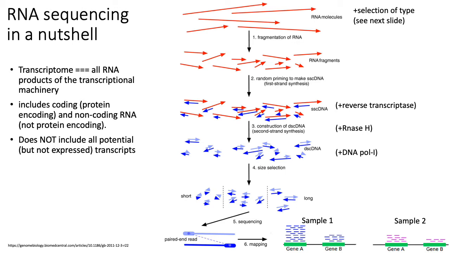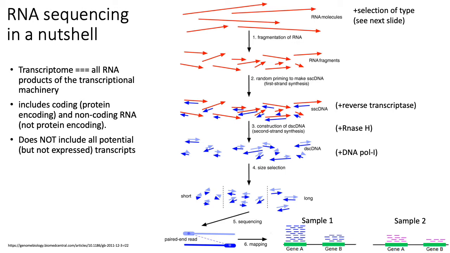Then, because you can't sequence RNA directly, since sequencing technologies are generally focused on sequencing DNA, you have to convert your RNA to DNA. You do so by annealing some random oligos to your RNA fragments, and then you extend them using reverse transcriptase. That produces hybrid double-stranded molecules of both DNA and RNA.